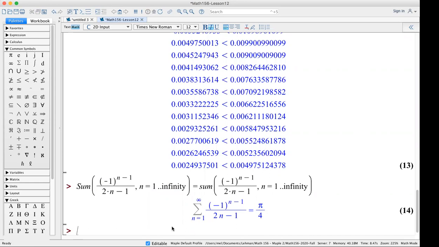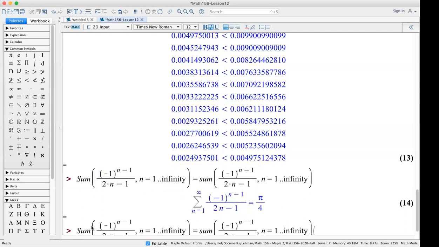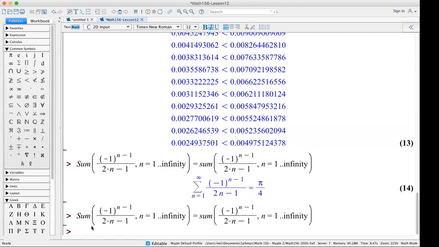Here's an example which might have been homework in Math 176. I don't know. Suppose we take the alternating series with 2 to the n times n factorial.